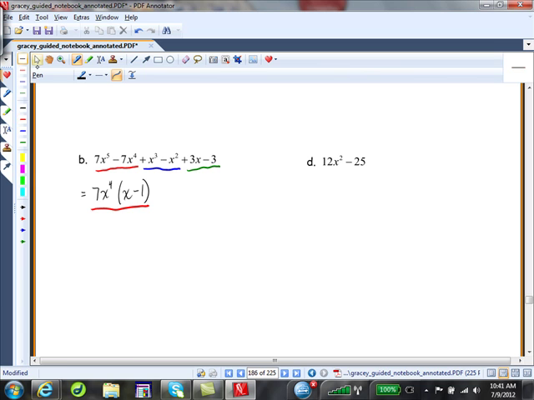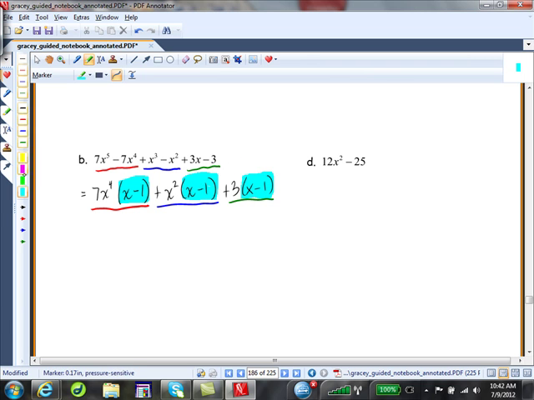Our blue group, we can factor out an x squared, and we're left with x minus 1, so this might work out. And our green group, we can factor out a positive 3, and we're left with x minus 1, looking promising. So notice we have a common binomial factor of x minus 1, so that's going to be our a from the distributive property.